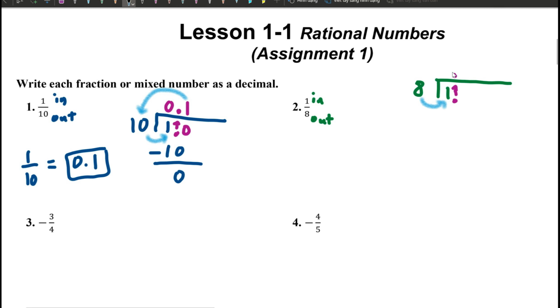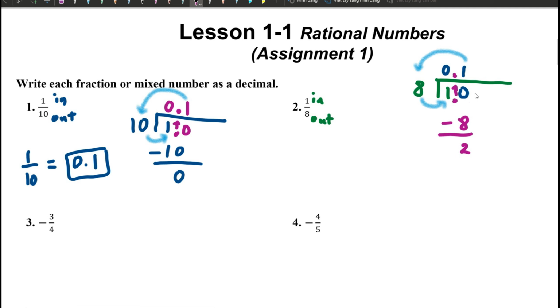So you're going to put 0 and put 0 next to 1. Now 8 goes into 10, 1 time. Then 1 times 8 is 8. Draw the line, change the sign. 10 minus 8, which is 2.